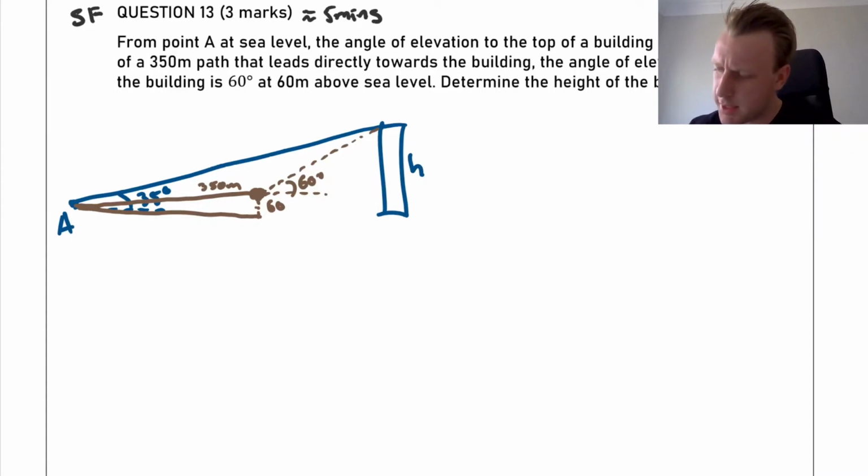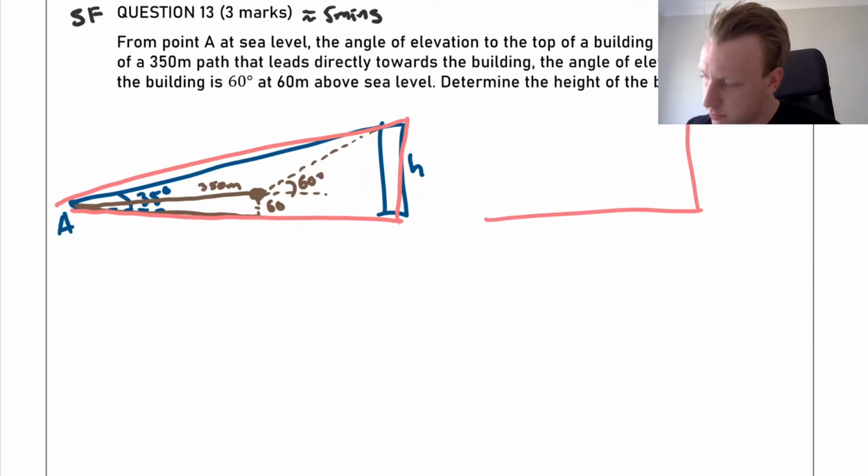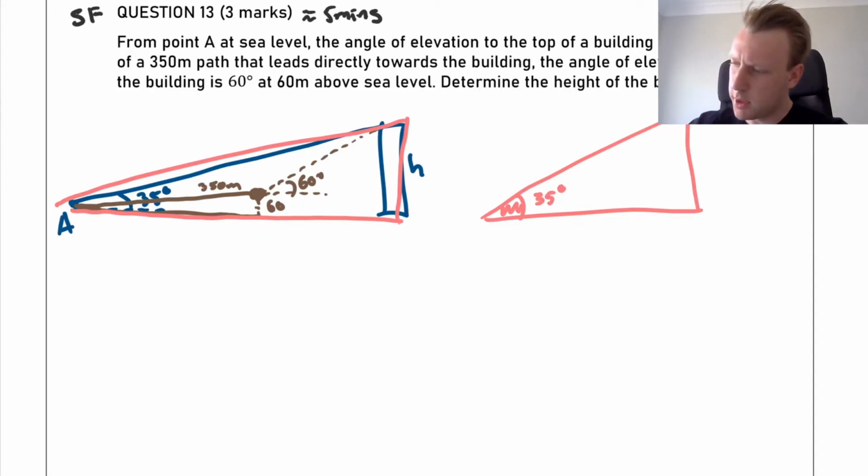Okay, so let's scaffold some things out. We've got a big triangle here. I'm going to call this distance left there x, and this value here is going to be the square root of 350 squared plus 60 squared.